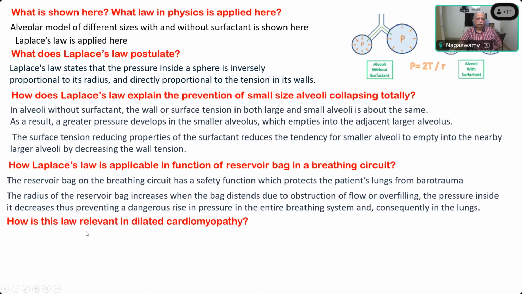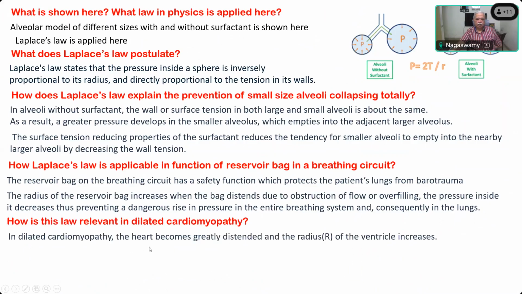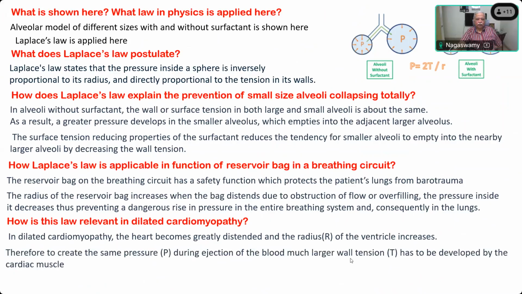How is this law relevant to dilated cardiomyopathy? As the radius is high, the wall tension is lesser. In dilated cardiomyopathy, the heart becomes greatly distended and the radius of the ventricle increases. So naturally, the pressure should decrease or increase? Decrease. So the myocardium has to work more to increase the ejection.